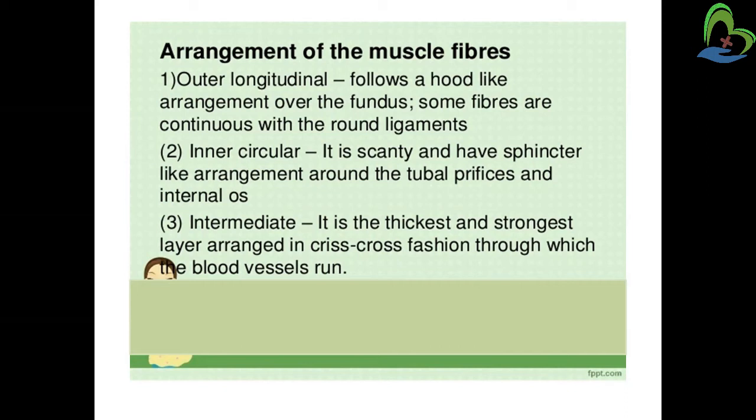The orifice means the opening, and the internal os means an internal opening into the vaginal part. The intermediate layer is the thickest and longest layer, arranged in a crisscross fashion, through which the blood vessels run and give a perfect blood supply to the reproductive organs.